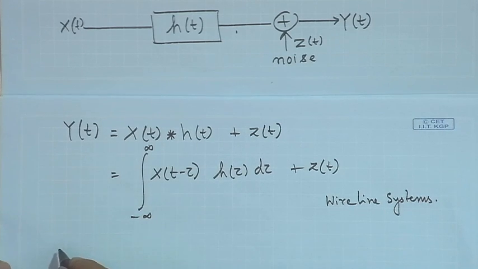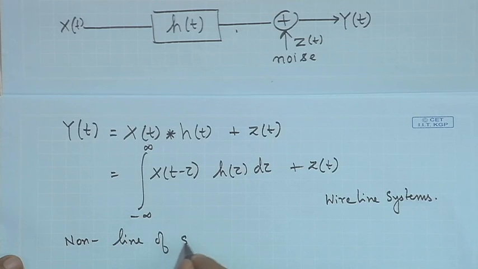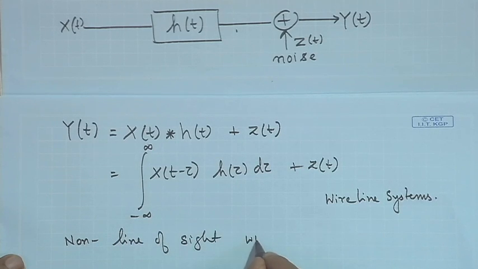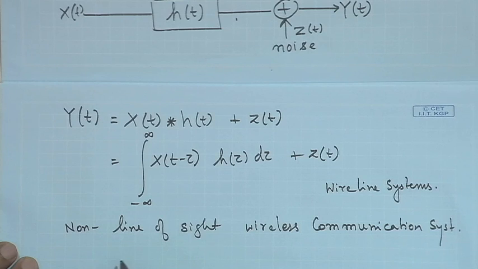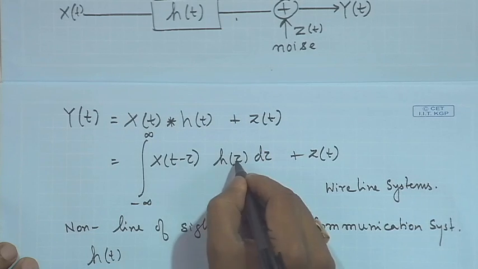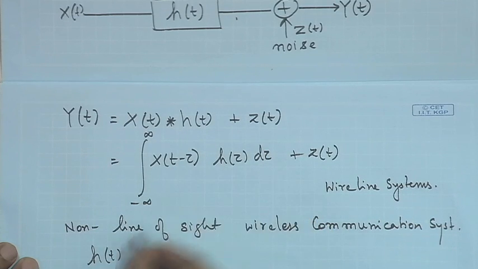Now, in case of non line of sight wireless communication systems, this h of t that we are seeing, which is an impulse response, or h of tau, will get replaced by h of t comma tau.